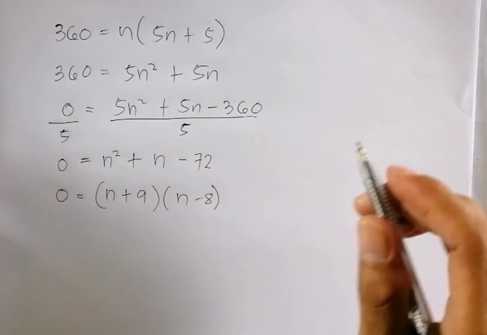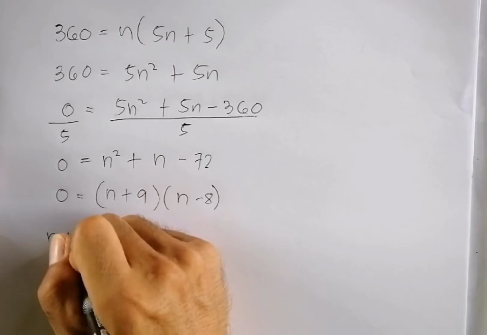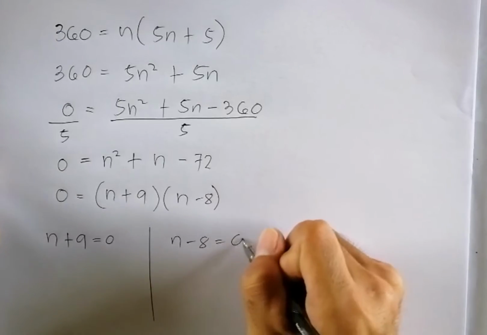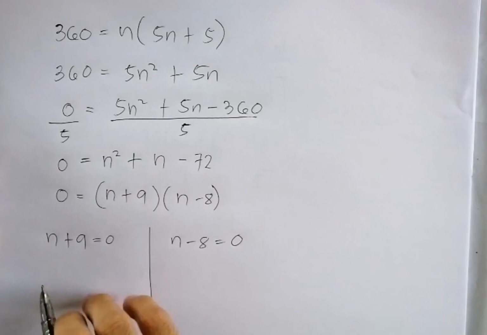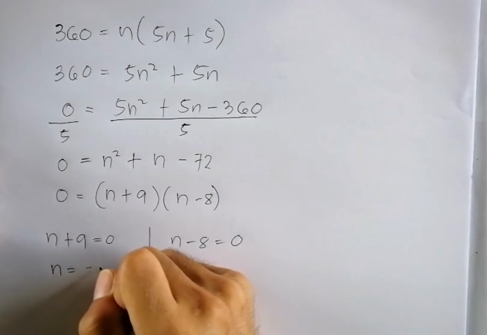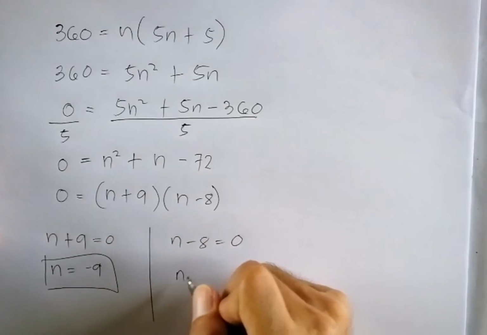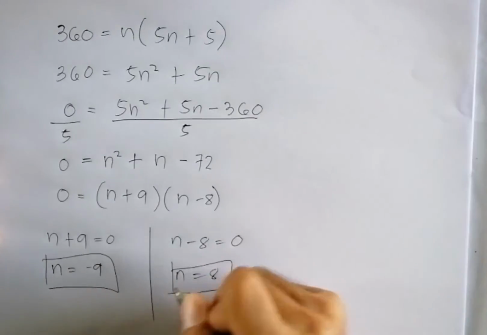Then solve for n. So we have n sub 1 and n sub 2. n is equal to negative 9. Then the second one is n is equal to positive 8.